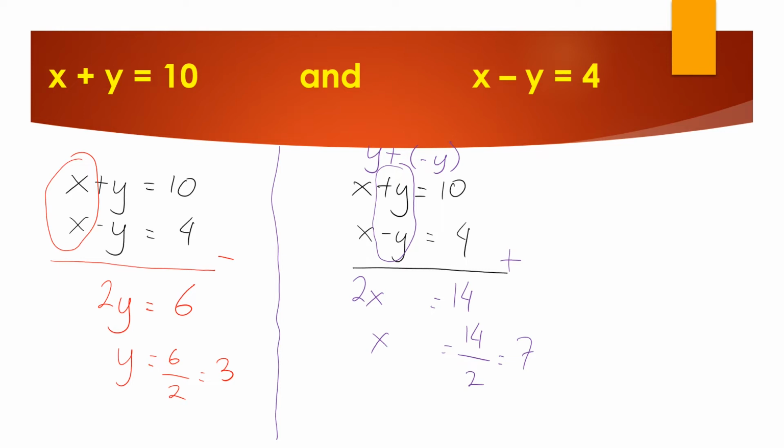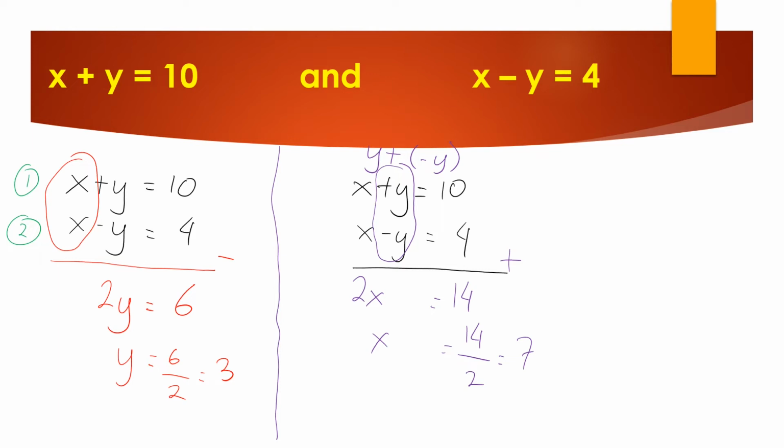So how do you find x if you used elimination of x? To find x, you just need to choose one of the equations. The first equation or the second equation is up to you. You change y to 3.